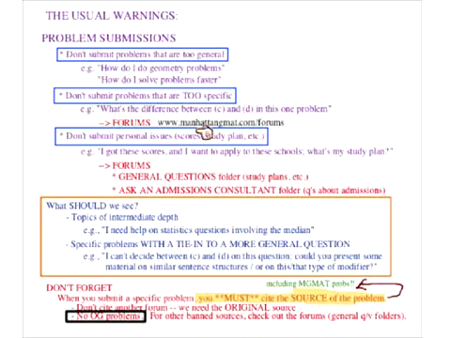Here's another individual from just the day before yesterday. Again, the point is, don't submit your personal issues and study plans and so on.